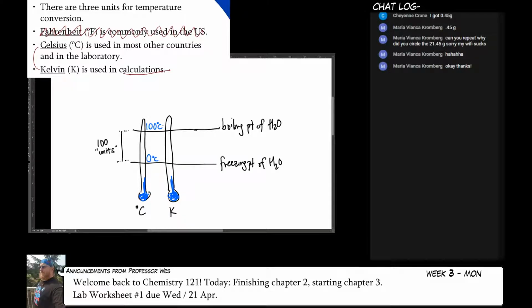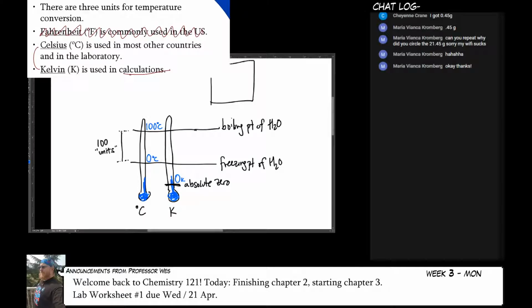Now for Kelvin, we put the 0 point somewhere else, down here at the bottom. For Kelvin, 0 is set at a temperature called absolute 0, which is the lowest possible temperature. That might seem weird, that temperature has a minimum.